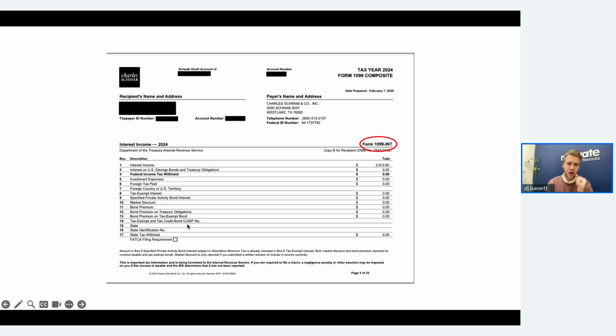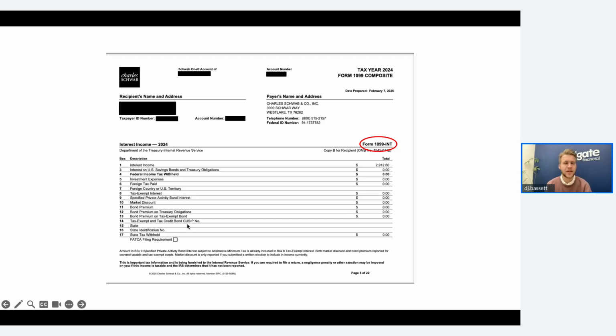So quickly going through some of the highlights of the key sections on this form. We don't want to dive too much into the weeds because, again, this is a very simple form, and most people's 1099 is going to look like this. And as you can see, there are 17 boxes there, from bond premiums to withholding taxes, investment expenses, foreign taxes, stuff like that.